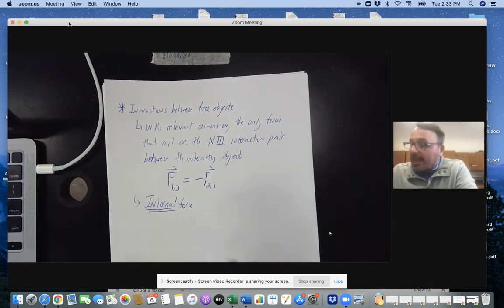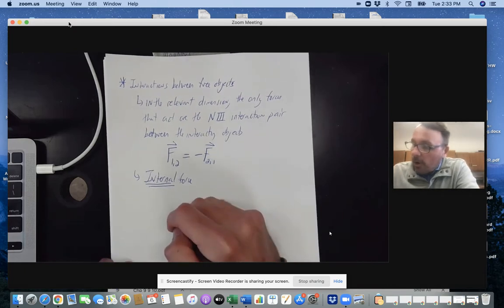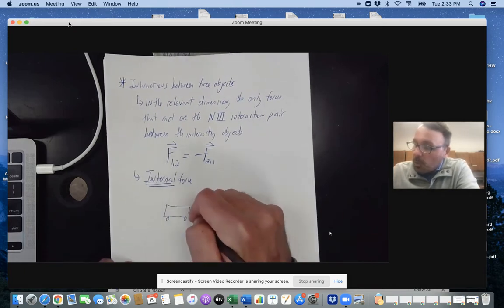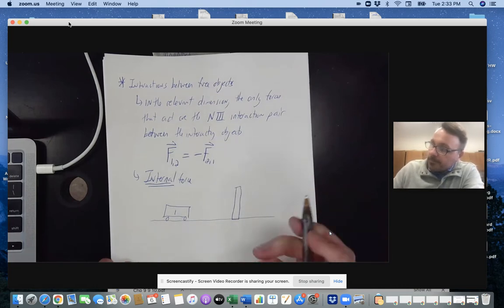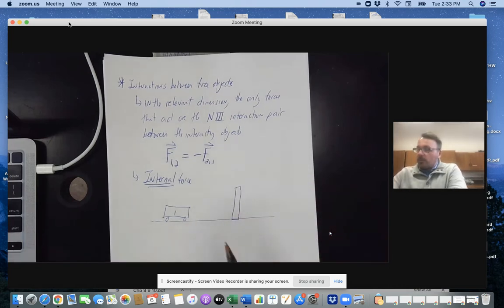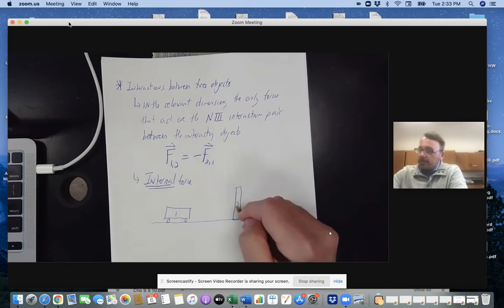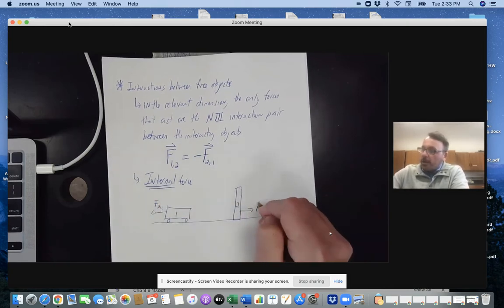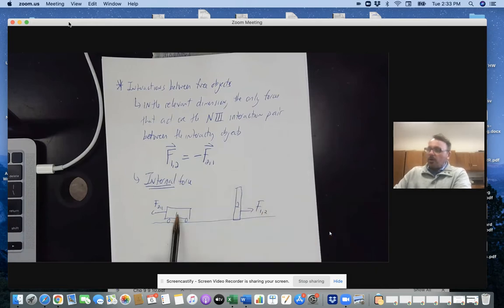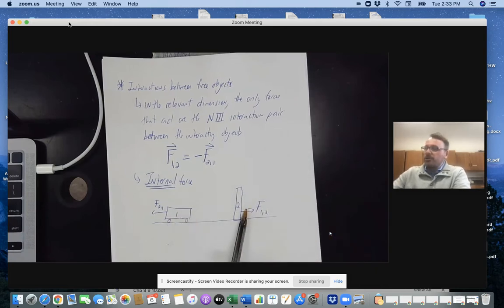Now, if I had, for example, a car crashing up against a wall, we would have the force of 1 on 2 and 2 on 1, right? Still force of 2 on 1 when they collide and 1 on 2. But car 1 is going to be affected a lot more than car 2. Well, why is that?